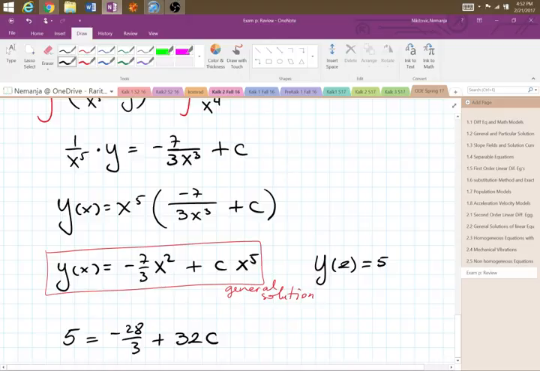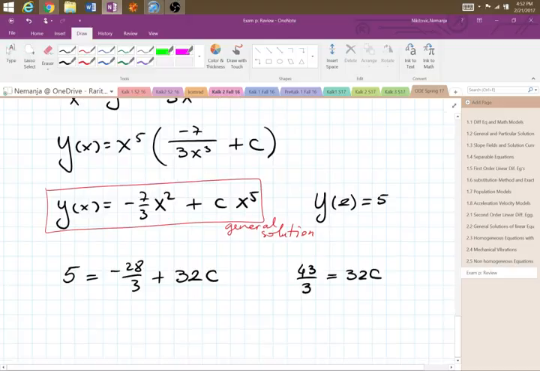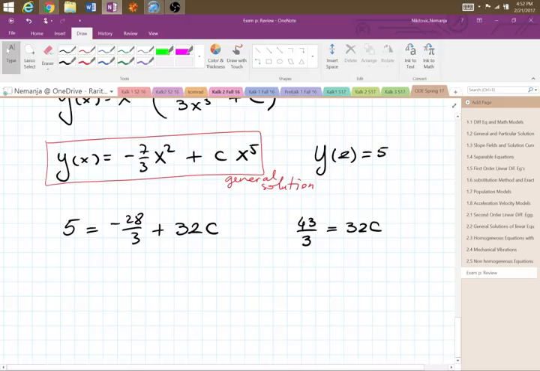That's 43 over 3 is equal to 32c. So c is equal to, 32 goes this side, 43 over 96.